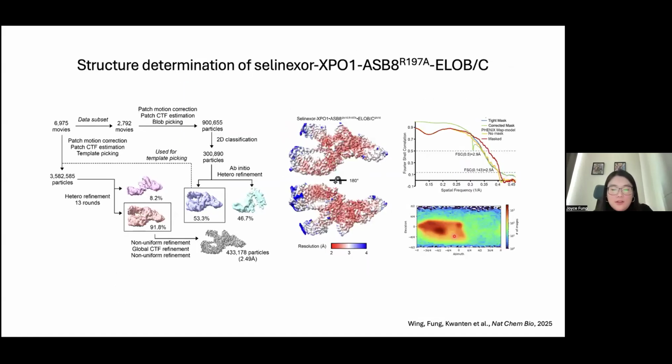And the reviewer asked us to solve that structure. And we complied. And ironically, this was actually the higher resolution map that we've obtained in CryoSPARC. And this is when we learned that we should do more heterogeneous refinement. And Casey went through and did 13 rounds of that to clean up the particle stack. But she was able to get 2.5 angstrom out of this.